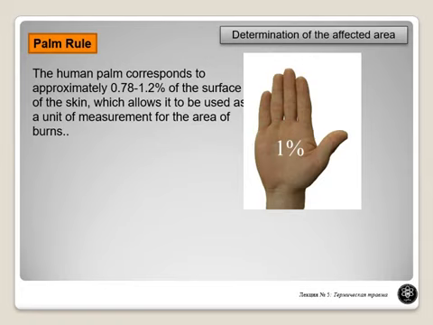The palm rule: the patient's palm on average corresponds to 1% of the surface area of the patient's body. The method, of course, is not very accurate, because the area of the palm itself can have a fairly large spread, calculated on average from 0.78 to 1.2%. But for a rough estimate of the area this method is quite enough.